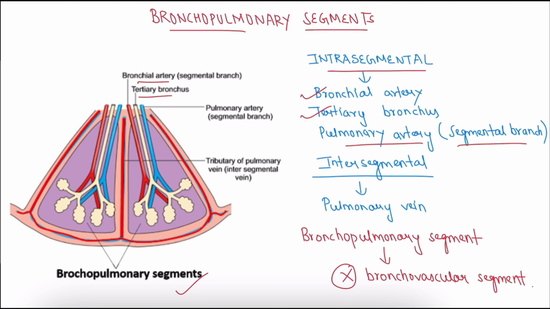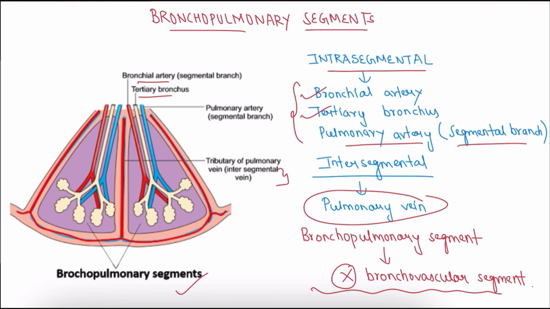In intrasegmental we have these three, and in intersegmental, between two bronchopulmonary segments, we have tributaries of the pulmonary vein, also called the intersegmental vein. A bronchopulmonary segment is not called a bronchovascular segment because we do not have a pulmonary vein or tributaries of the pulmonary vein inside the bronchopulmonary segment.